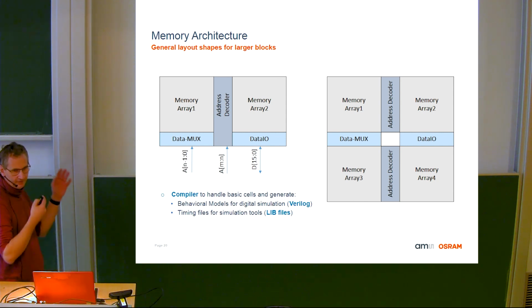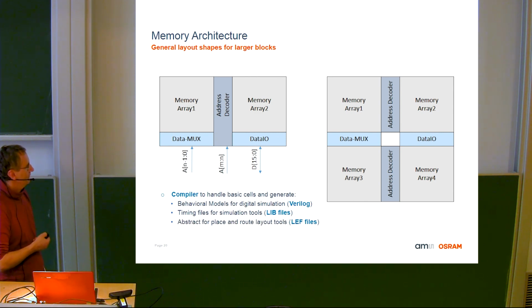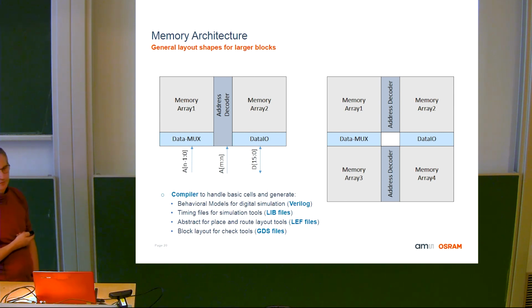It's 32 lines in parallel. So the closer you are to the bus, the better it is. The more area is saved in routing. So therefore you need these automatic files which your tool can handle and place. They're called lib files, LEF files. And finally, at the end of the day, you always have GDS. This is the memory block GDS data, which consists of all layers which are needed to process the memory.